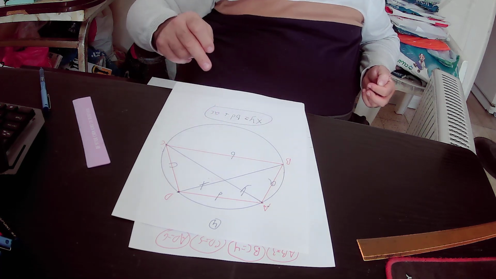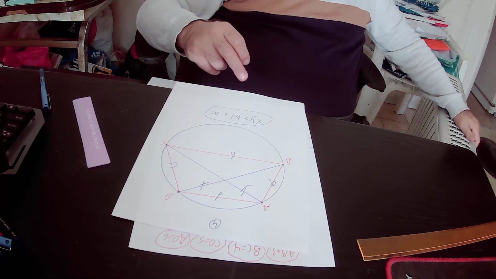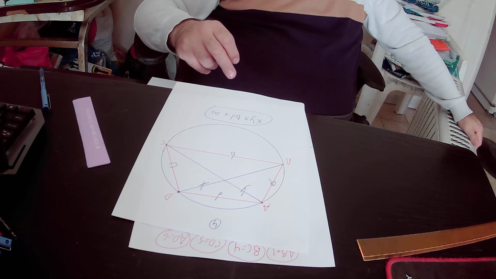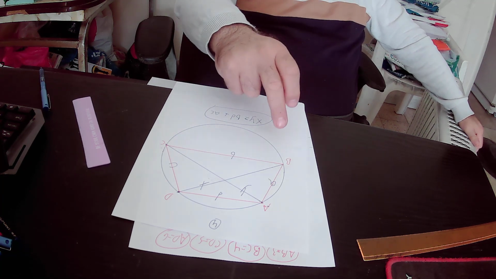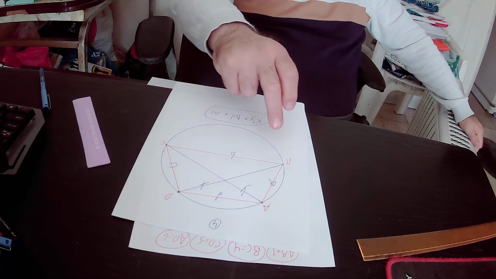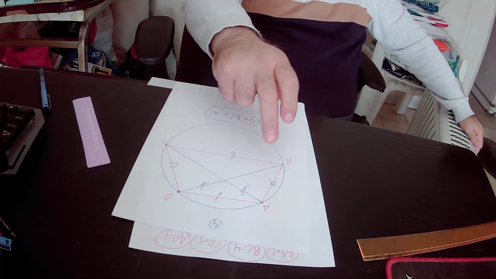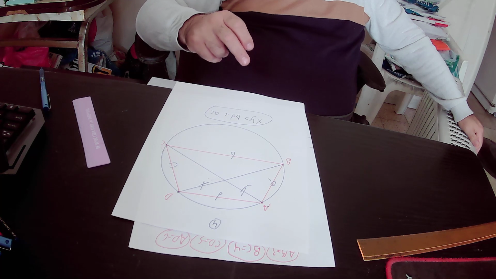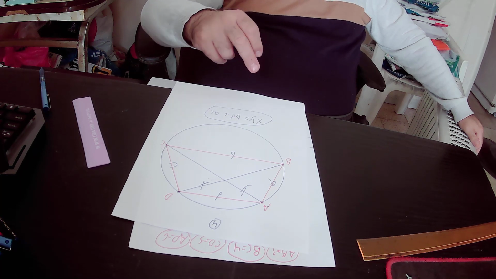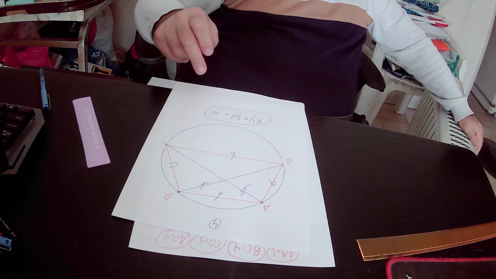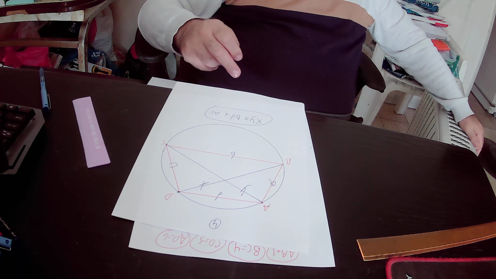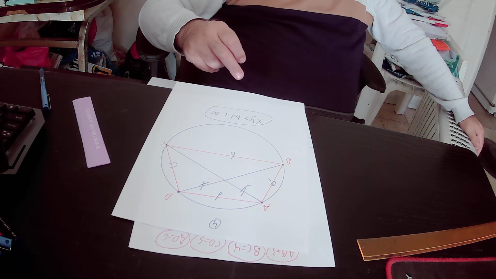times y. Again, if a quadrilateral ABCD is inscribed by a circle, like in this drawing, quadrilateral ABCD is inscribed by this blue circle, therefore the product of its diagonals, that is to say x times y, equals the sum of the products of its opposite sides.